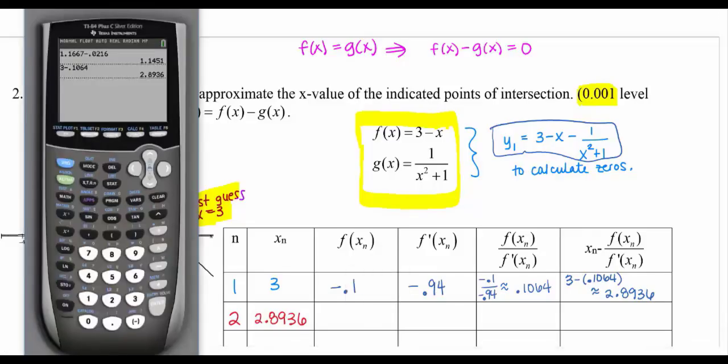I'll go back to my table and put in an x value of 2.8936, and I will write down all those values on my chart. Now just be careful. I'm going to write down negative 0.0003.